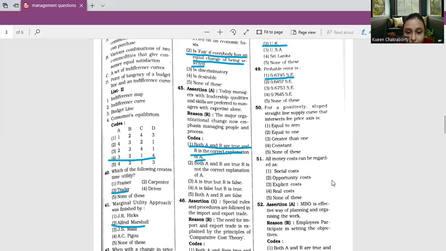If the supply curve runs through the origin, then the supply is unit elastic, which becomes e equals 1. So accordingly, it will be greater than 1, because for a positively sloped straight line supply curve that intersects the price axis, e is greater than 1. So we have option number 3 as the correct answer, greater than 1.